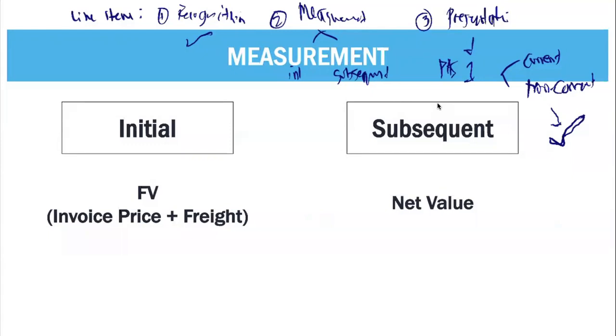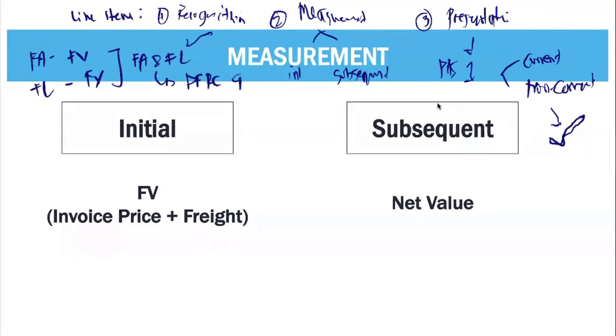So how do we measure your accounts payable? Initially, we measure it at fair value. You already know that financial assets are measured at fair value. Therefore, a financial liability is still measured at fair value. By the way, financial assets and financial liabilities are accounted using the same standard, PFRS 9.